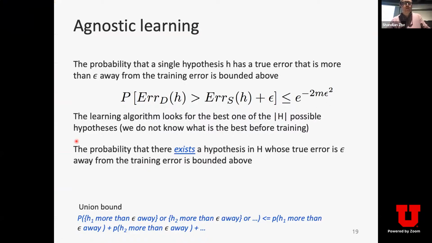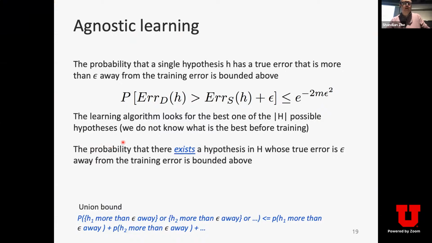And to apply more general results, we want our conclusion to apply to any learning algorithm. That means we don't know which particular hypothesis any algorithm is going to find. So we change this bound into an existence statement.